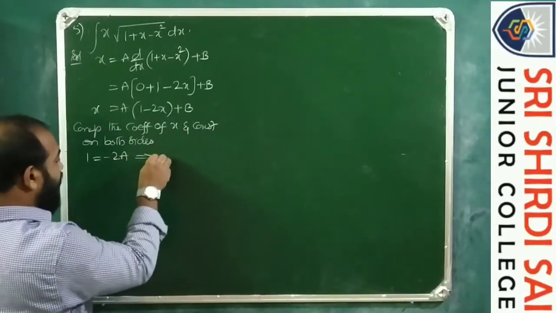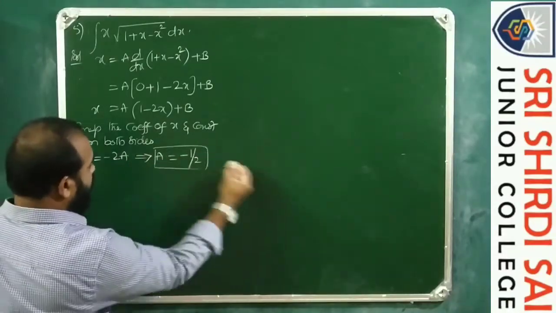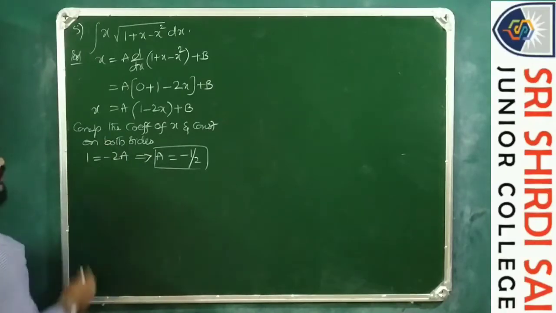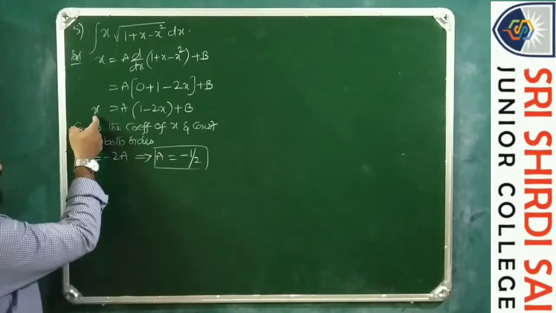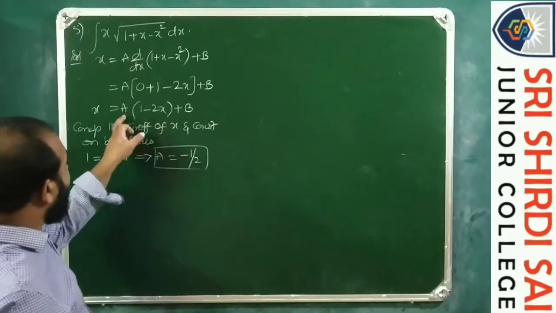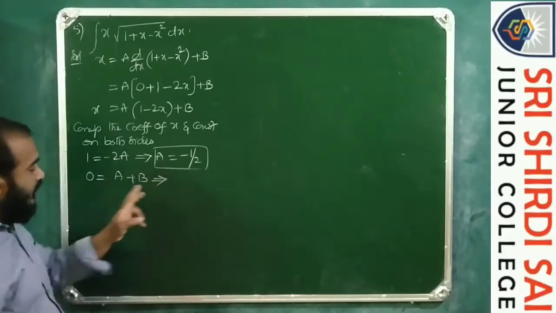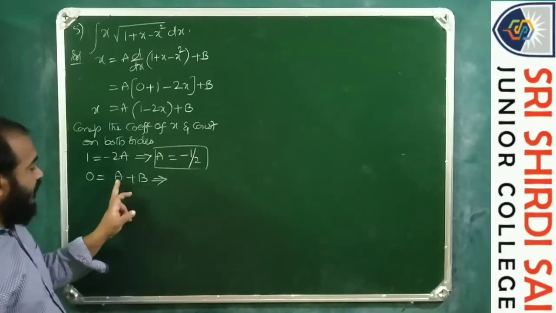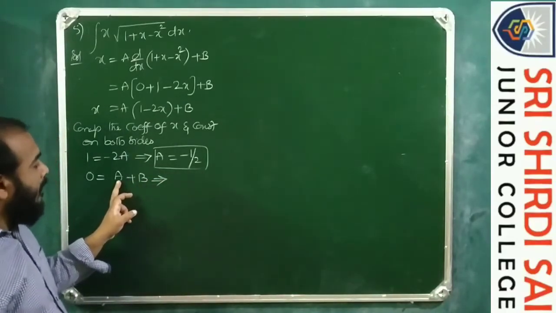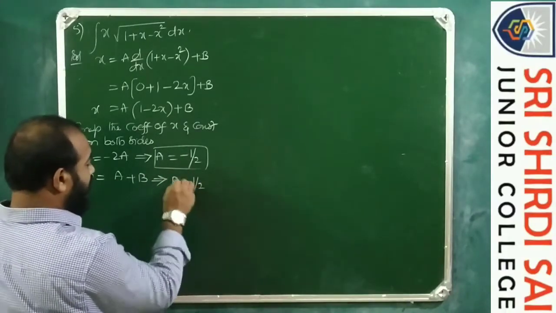So from this, a equals minus 1 by 2. Comparing constants, we don't have any constant on the LHS, so 0 equals 1 into a plus b. So a plus b equals 0, b equals minus a. So minus of minus half, that is b equals plus half.